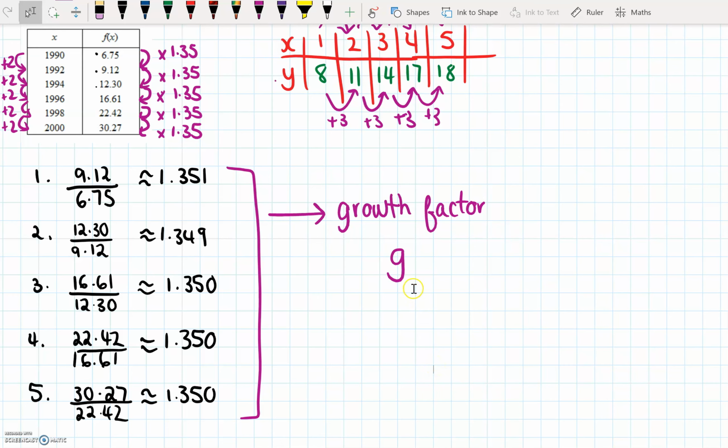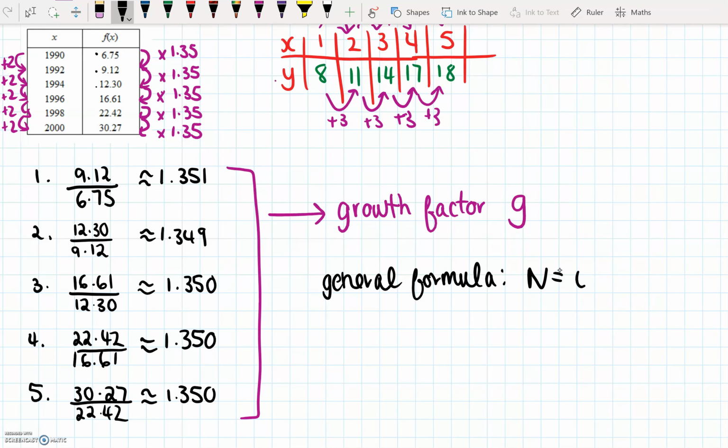So we know that our general formula for exponential growth is n equals I times g to the power of t. Now in this case, we can consider that 1990 is t equals 0.